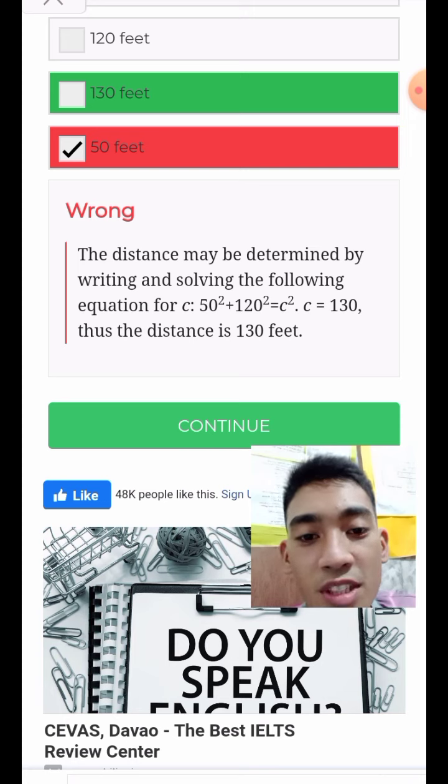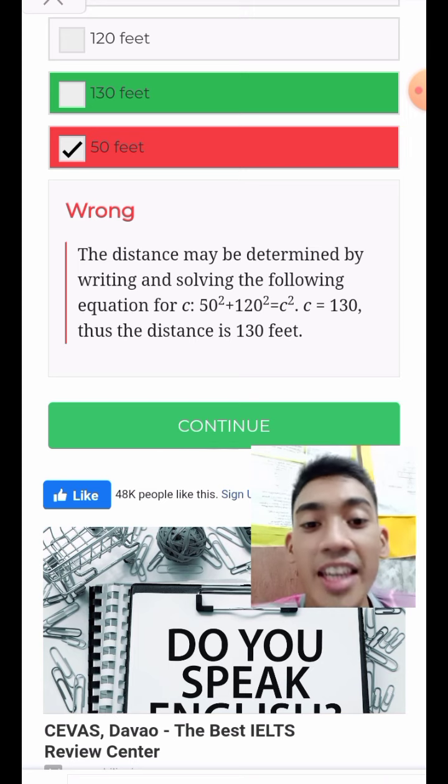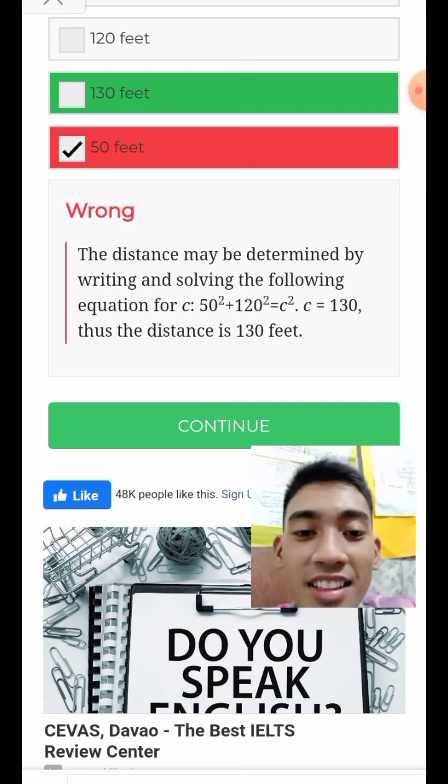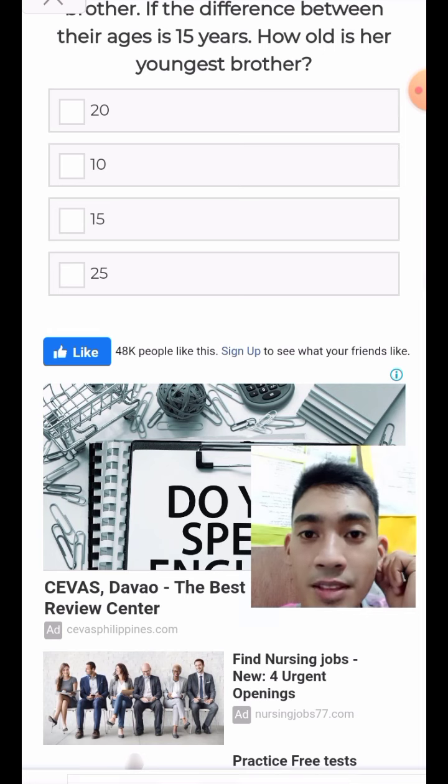We do not know our c, so 50 squared plus 120 squared equals c squared. So adding will give us 130 feet. Here I'm just explaining the process on how to solve this.